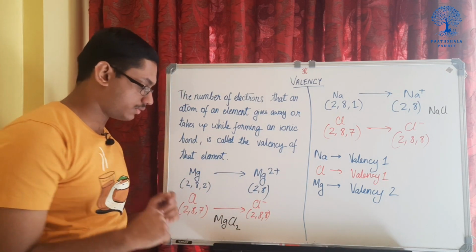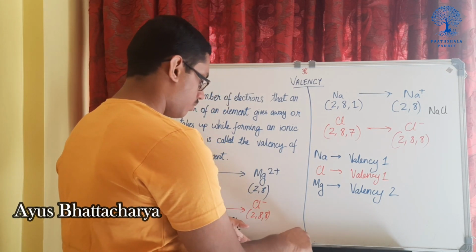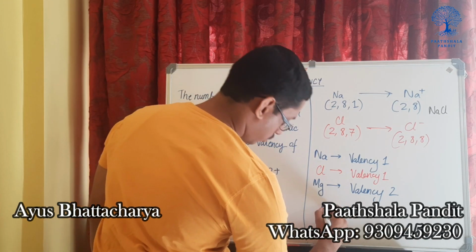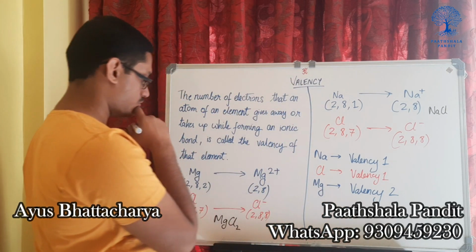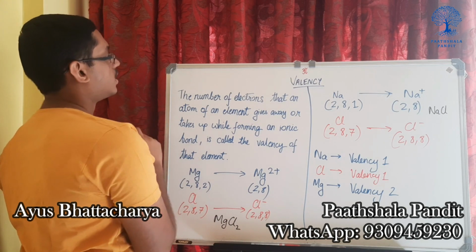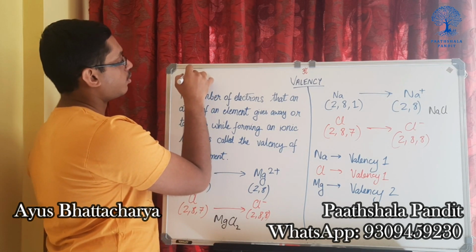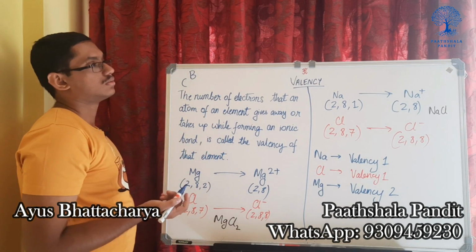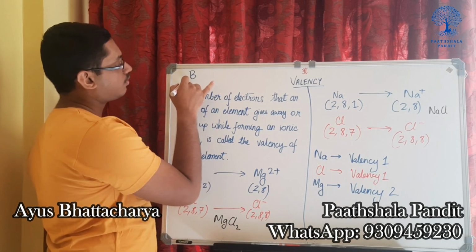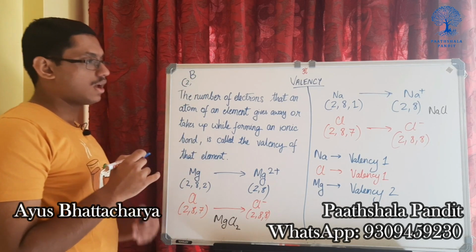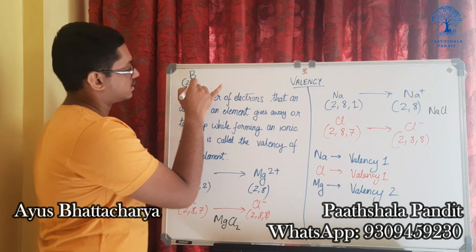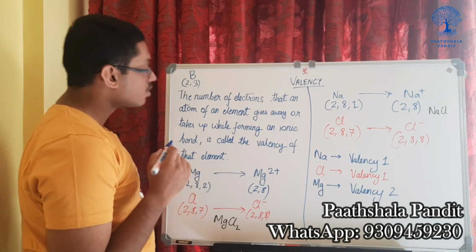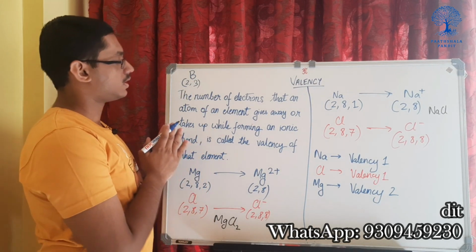Let me give you the example of boron. Boron has the electronic configuration of 2 and then 3. Now see what will happen.